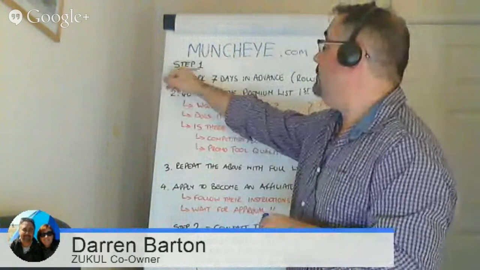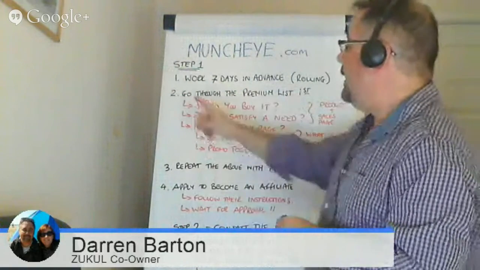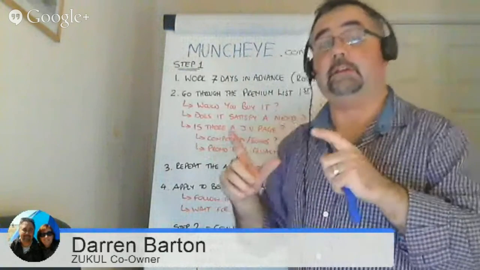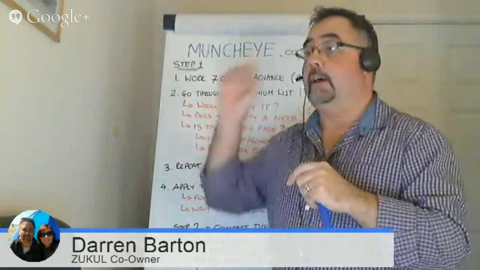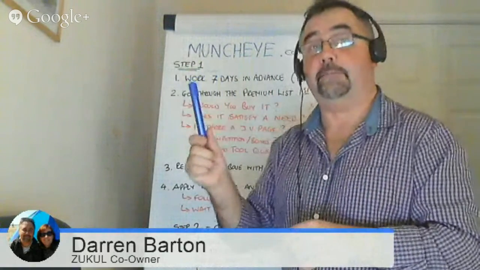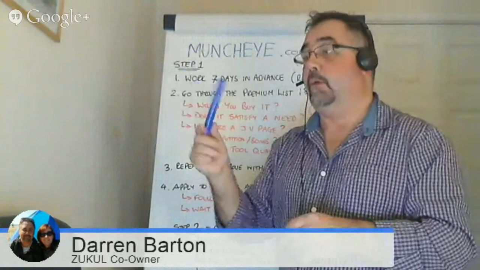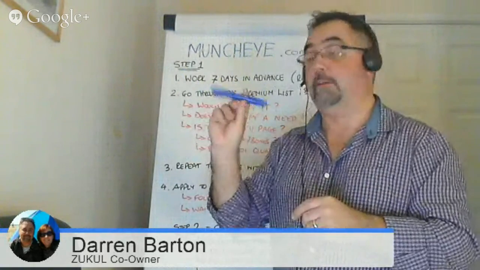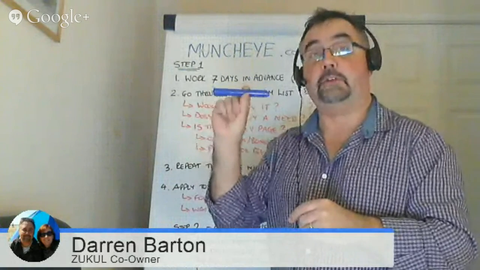Now the first step, the principle, is that we're going to identify that this pen is going to be launched in a few days' or a few weeks' time. We think that this blue pen will be really good for people on our list, or we really like pens, so we're going to promote this product.